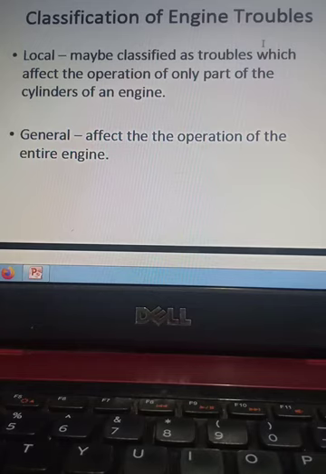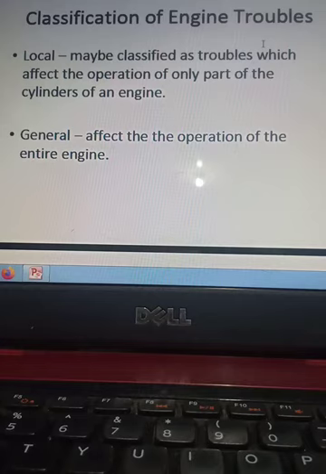And then we have classification of engine troubles. So many troubles or defects affect the operation of an engine. For example, carburation, ignition, or combustion troubles may be the cause of the lost power, faulty wiring, or stopping an engine.